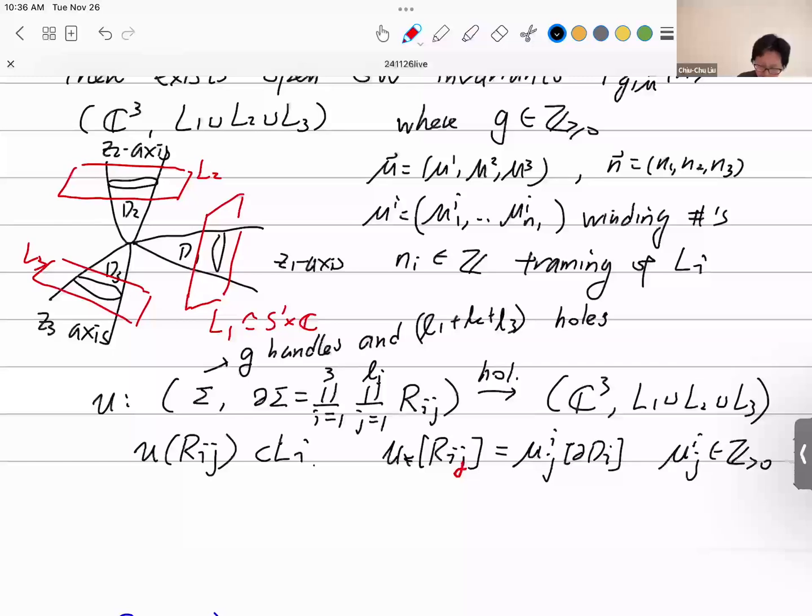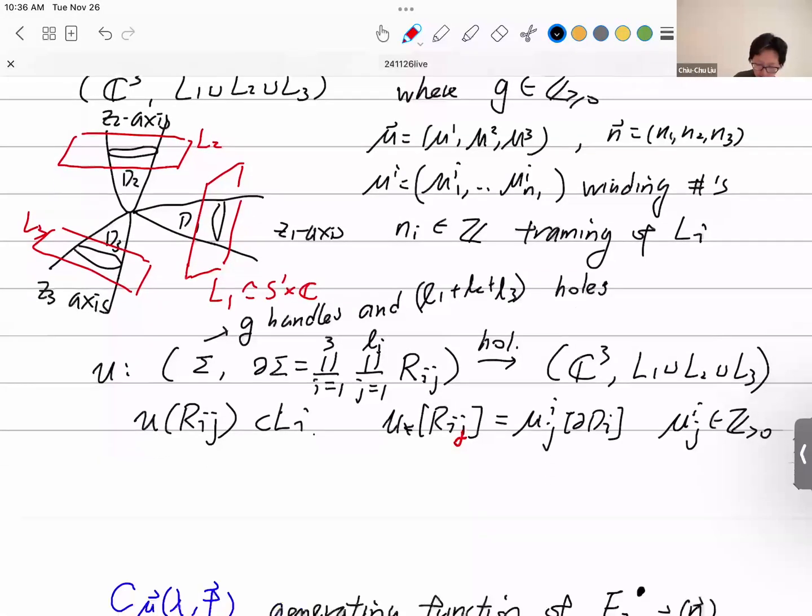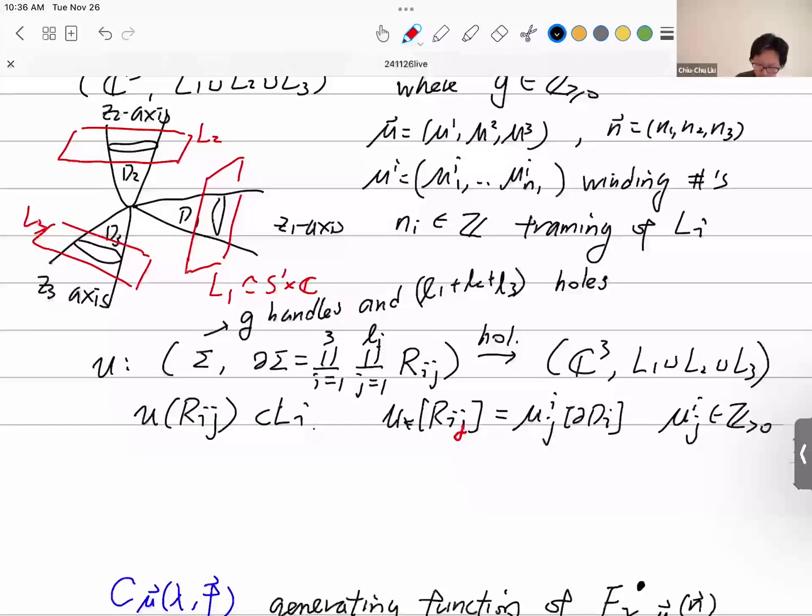So then it's some multiple of the boundary of Di, and because this map is holomorphic, the boundary of Di is oriented by the complex structure on the disk Di. So this will be some positive numbers.